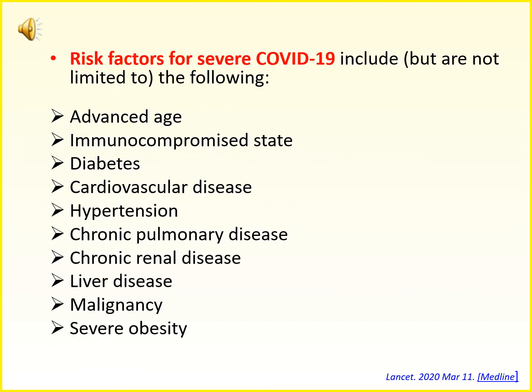زي ما قلنا ان 80% من البيشنتس بيكونوا mild cases وممكن يكونوا self limiting، انما في 14% من البيشنتس ممكن to develop severe disease. الريسك فاكتور فور ذيس disease او البيشنتس اللي هم بيكونوا more prone ان هم يحصل لهم السيفير كوفيد 19 هم الادفانسد ايج، الاميونو كومبرومايزد ستيت، الدايابيتس، cardiovascular disease، hypertension، chronic pulmonary disease، chronic renal disease، liver disease, malignancy, and severe obesity.